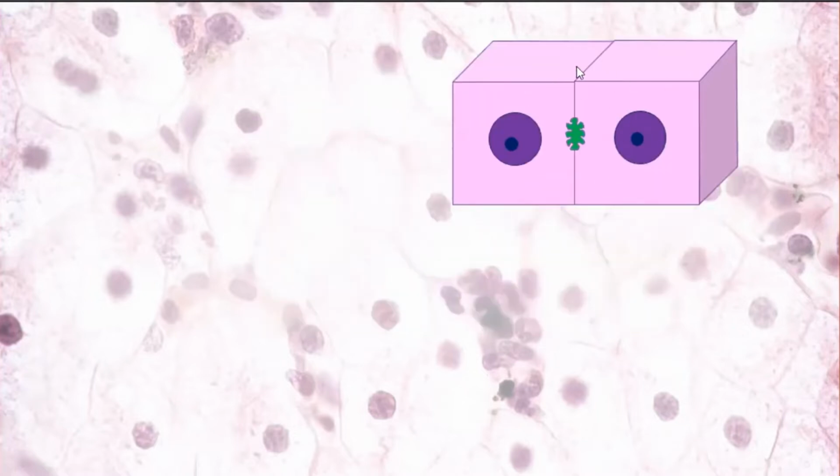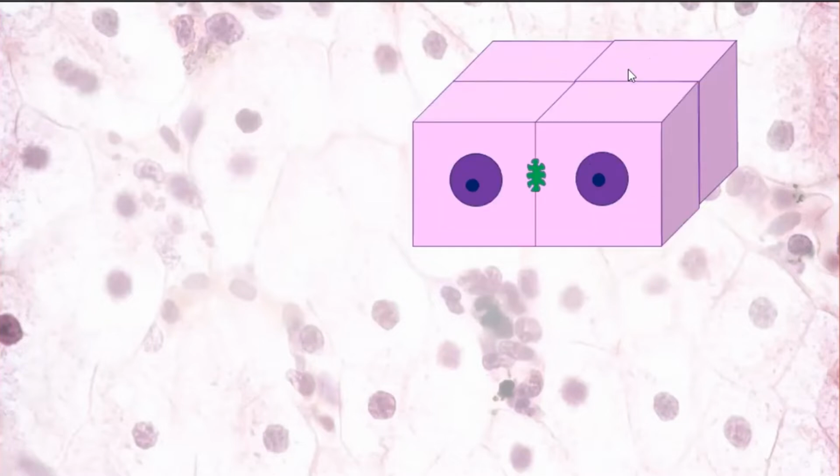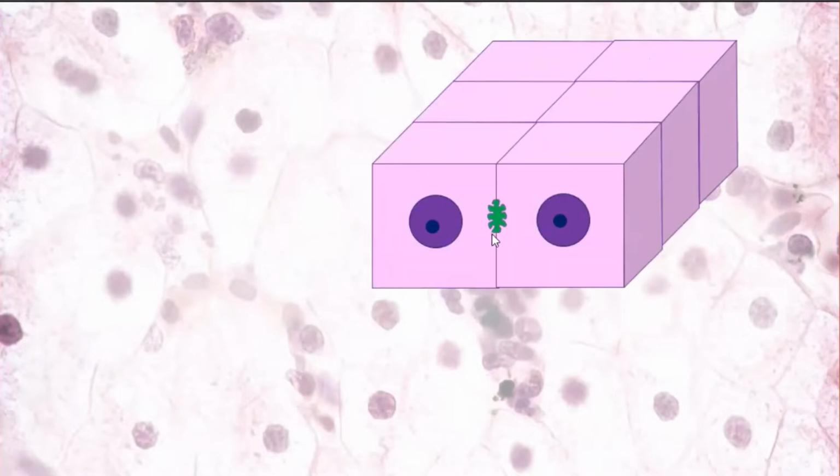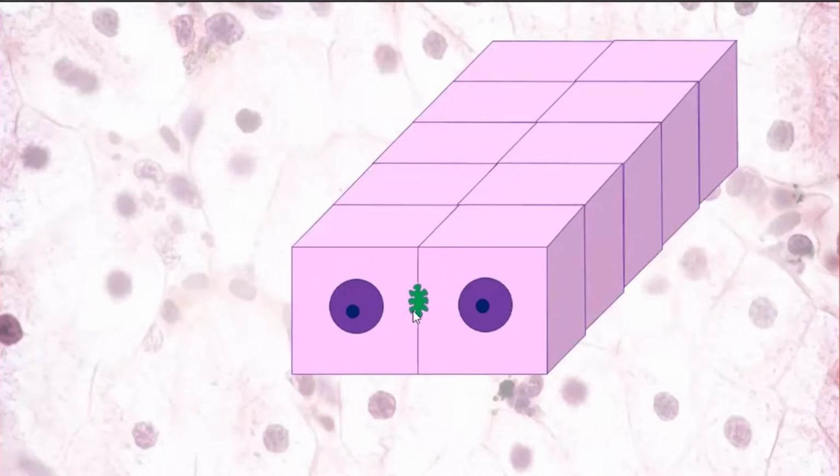And here we can see a pair of hepatocytes. It's a bile capillary, and there are rows of hepatocytes, and here we can see following pairs of hepatocytes, and we can find that this bile capillary goes through all of the hepatic plate. So we can see here the hepatic plate.